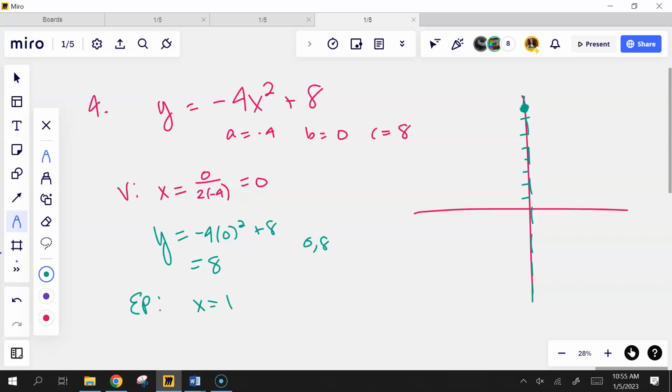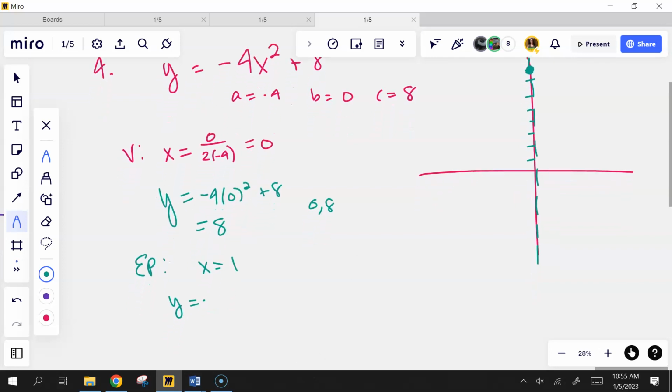I'm going to let x be 1. And now I'm going to plug in. Negative 4 times 1 squared plus 8. What do you get? 4. What are the coordinates of my easy point? 1, 4.